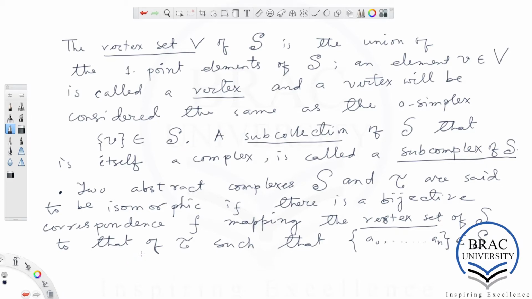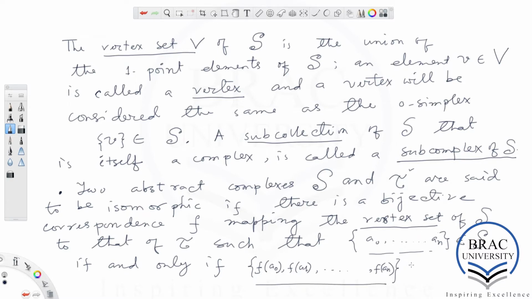There is a bijective correspondence f mapping the vertex set of S to that of tau such that this element will be in the complex S if and only if f of a0 is a vertex in the complex tau, and so is f of a1 all the way up to f of an, and this set is a simplex in the complex tau.